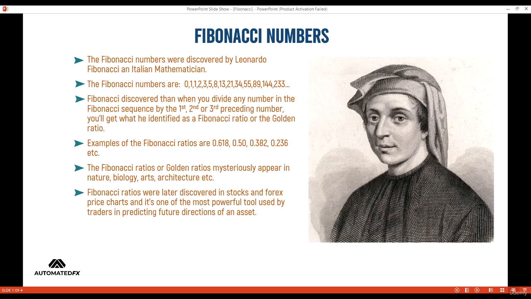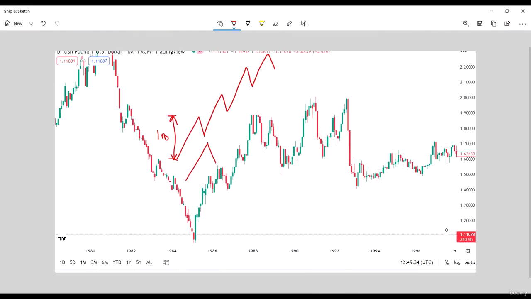Remember we have 0.618 is 61%, 0.5 is 50%, and 0.38 is 38%. In this case, it's 38%.